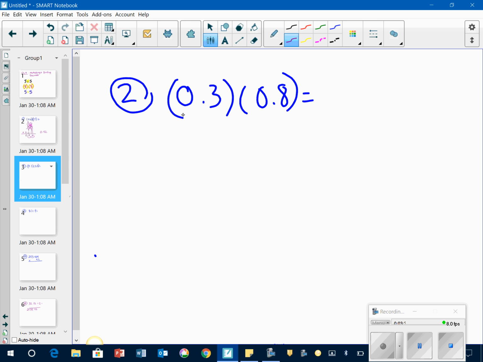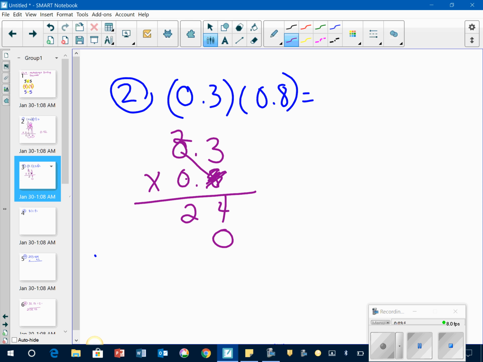Next we have number 2, 0.3 times 0.8. 8 times 3 is 24. Carry the 2. 8 times 0 is 0, plus 2 is 2. We're going to mark this one out because we've already done that one. Next, we're going to do the second number. You have to add a 0.